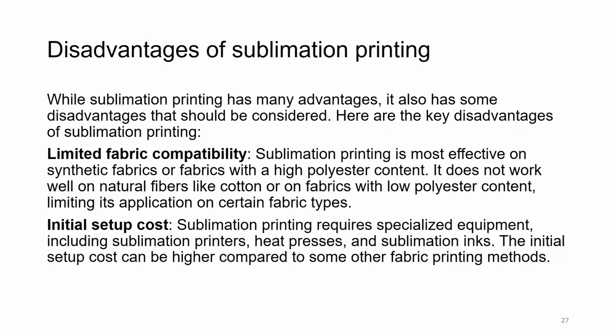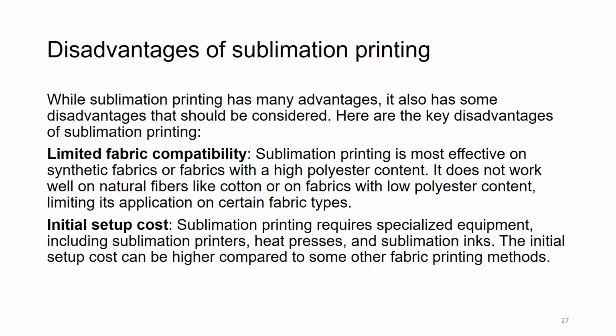Limited fabric compatibility. Sublimation printing is most effective on synthetic fabrics or fibers with high polyester content. It does not work well with natural fibers like cotton or on fabrics with low polyester content, limiting its application to only synthetic fibers of polyester type.